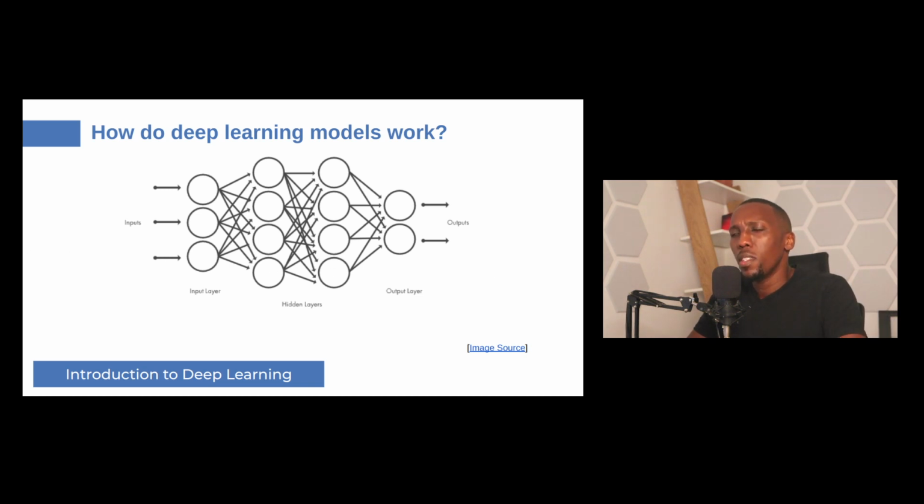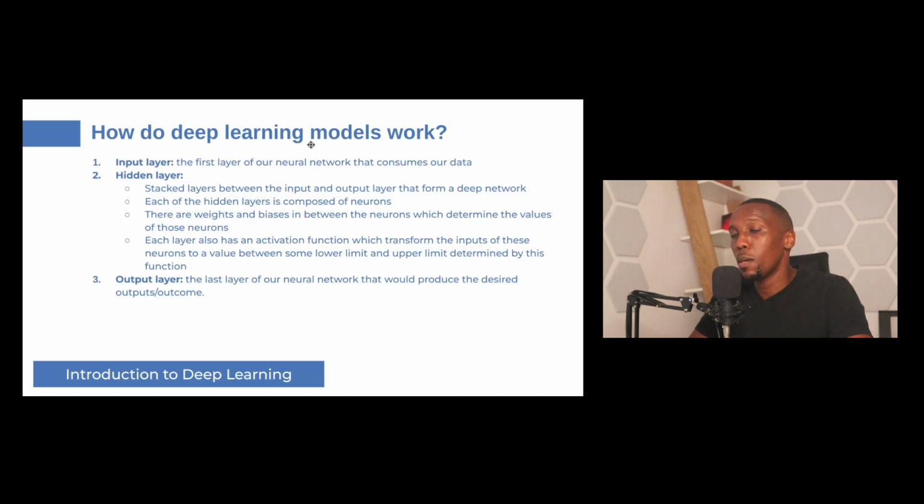All right. So just to understand a bit more about the structure of artificial neural networks, normally you would have an input layer and an output layer, which you see at the far ends. The input layer is usually that first layer of our neural network that consumes our data.